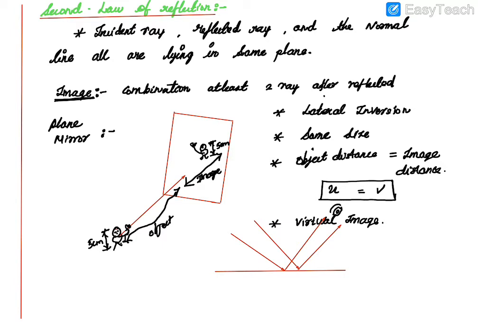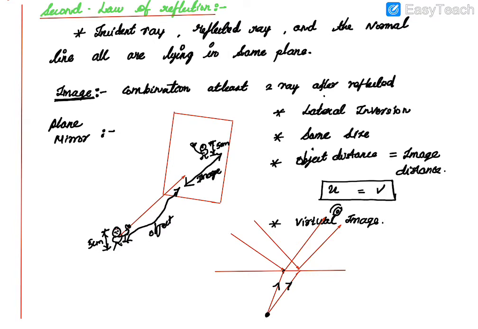What it states is, if you extend at the back side, image means at least two rays should meet, then it is called an image. If you extend at the back side, it will appear as if from one point the light is emerging. We think the light is coming from one point.